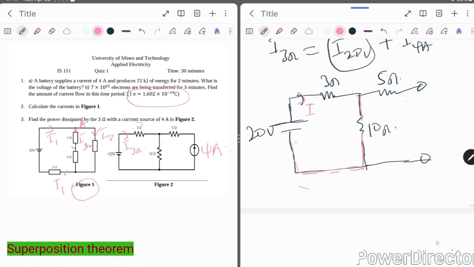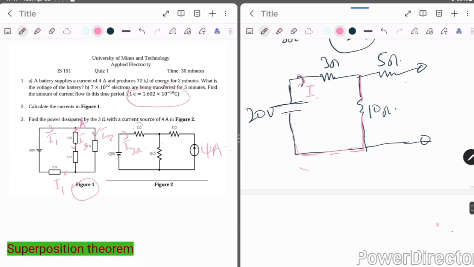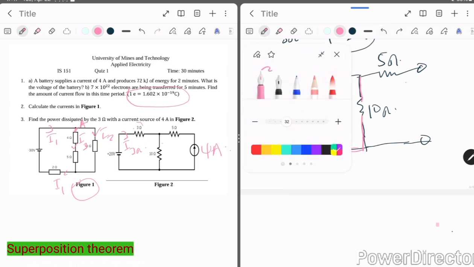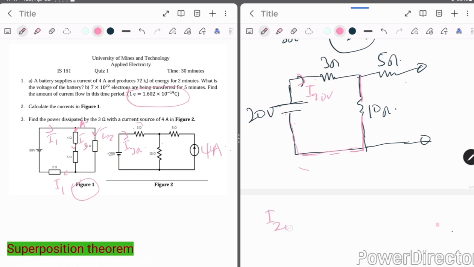So you can see that because of this, the current due to the 20 volts acting alone is simply going to be equal to 20 over, since the current passes through 3 ohms and 10 ohms, which are in series, so you do the sum, 3 plus 10.